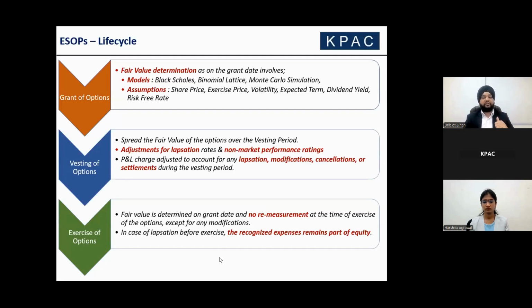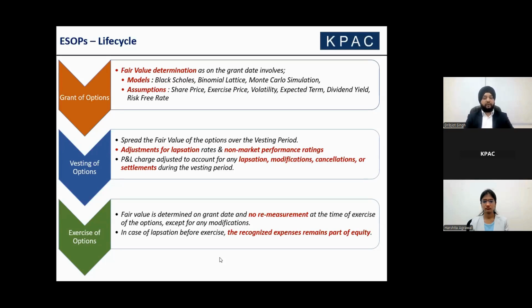Companies use valuation models such as the Black-Scholes option pricing model, binomial lattice model, and Monte Carlo simulation model to price these options accurately. Various assumptions come into play, including share price, exercise price, volatility, expected term, dividend yield, and the risk-free rate. The fair value of these options is calculated on the grant date, and this value sets the foundation of how expenses are recognized in financial statements.